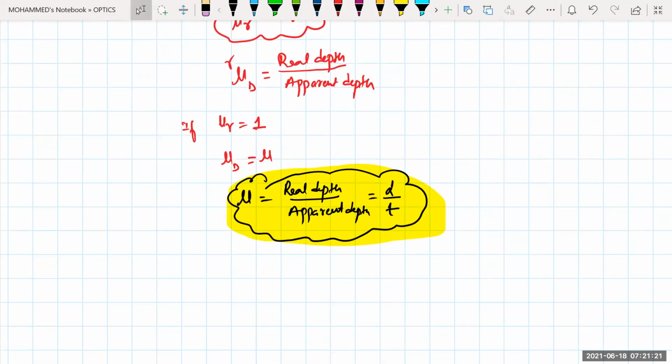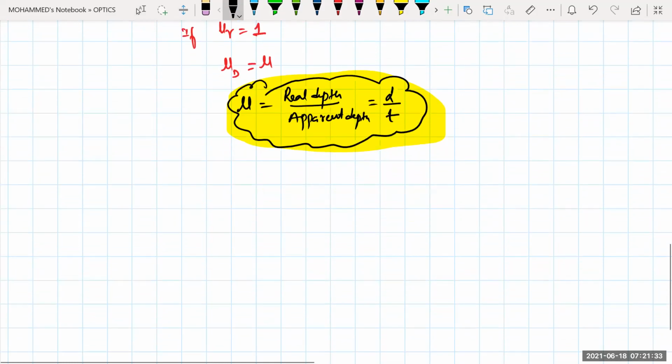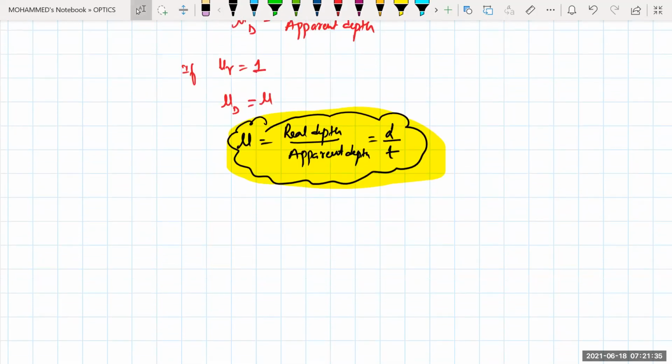So what is the condition? When the object is in the denser medium and viewed from the rarer medium, does it appear nearer or farther, like a bird seeing the fish? Actually, when a bird is seeing a fish, it appears to be raised, or it appears to be nearer.